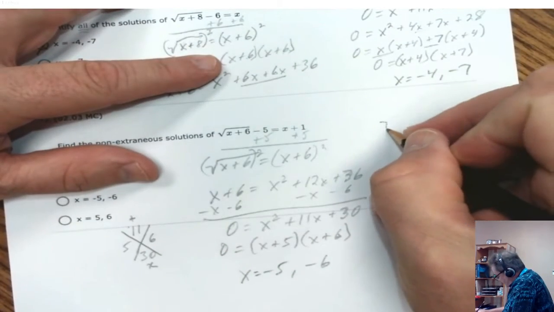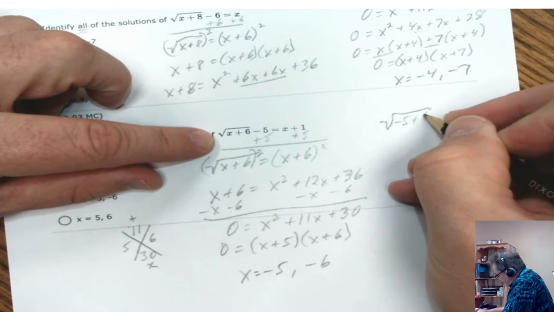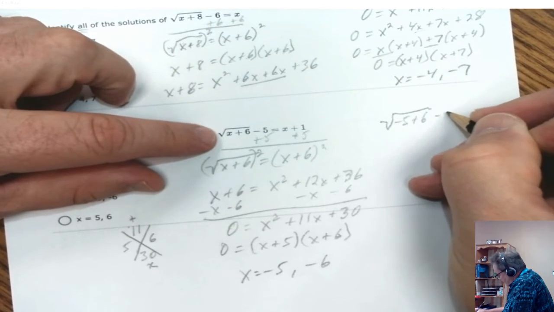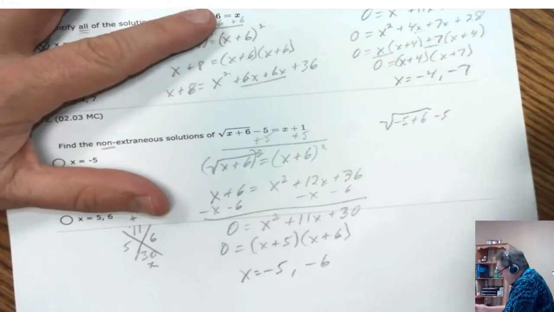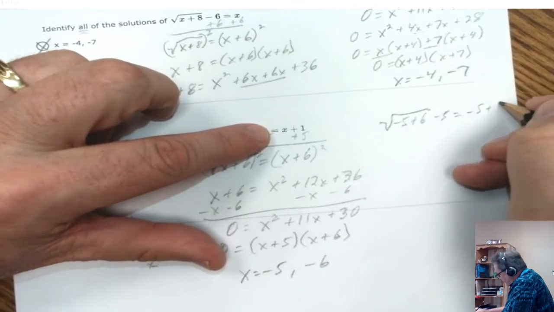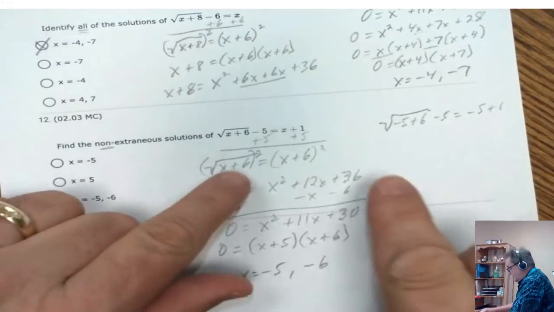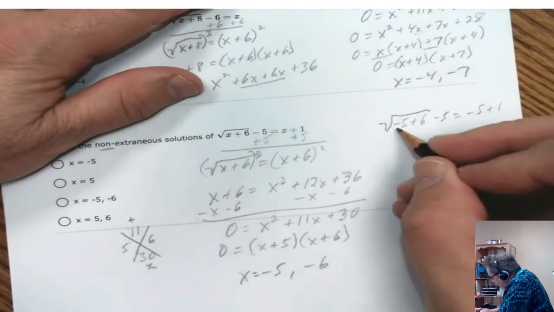So let's test first. Negative 5 plus 6, minus 5 outside the radical equals negative 5 plus 1. There's two different x's. We have to substitute negative 5 in for both of them.